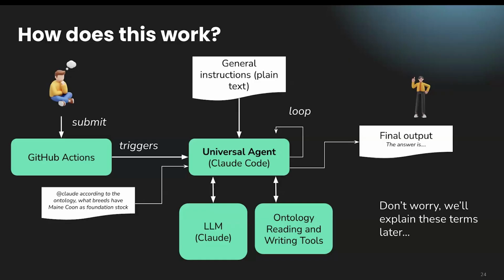Basically, the idea here is that you come along and you can submit your instructions, your request. It can be a query. It can even be a request to add terms to the ontology to GitHub. Then GitHub has a mechanism called GitHub Actions, and this is configurable by whoever maintains your GitHub repo.